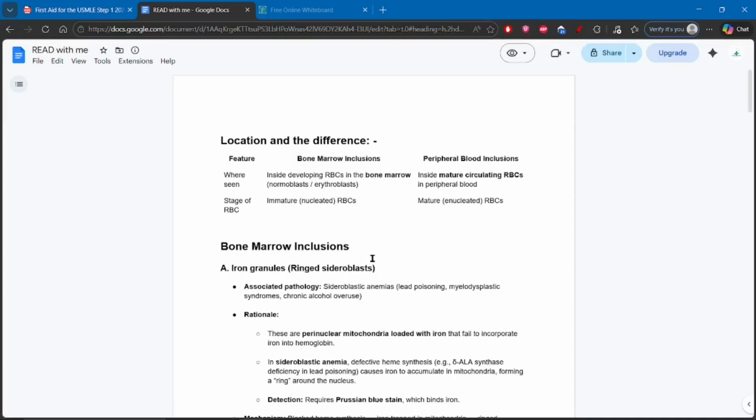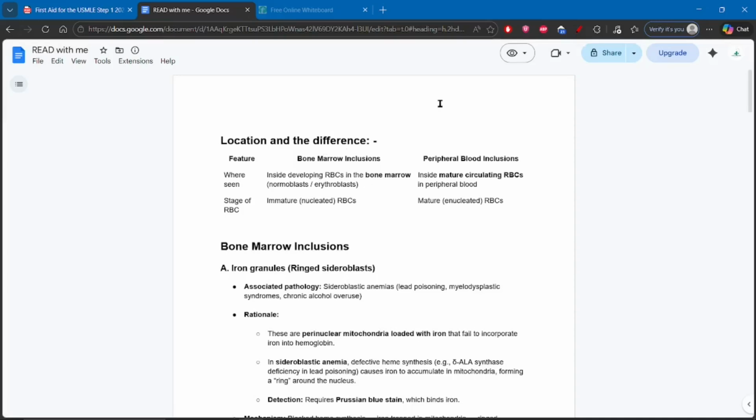Peripheral blood inclusions you are going to see in mature RBCs that are circulating in the peripheral blood. So you're not going to see them in the bone marrow. But bone marrow inclusions you're going to see in RBCs that are currently in development in the bone marrow.